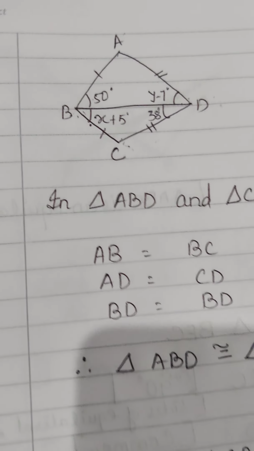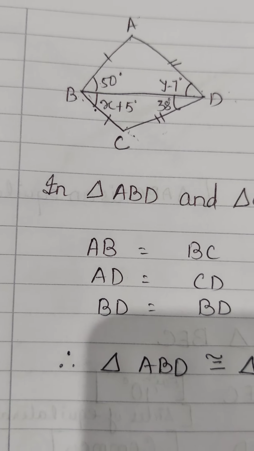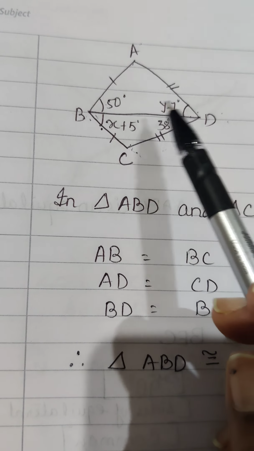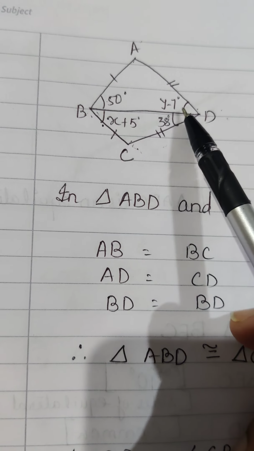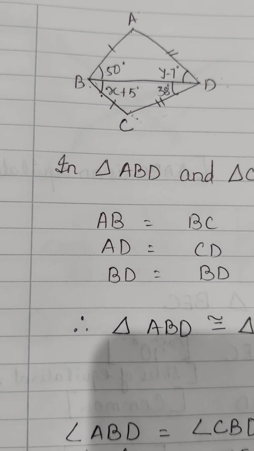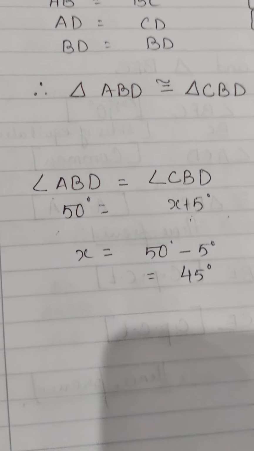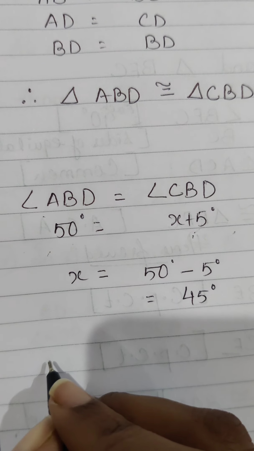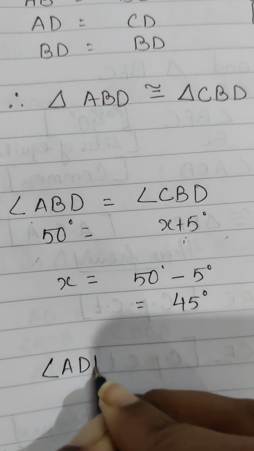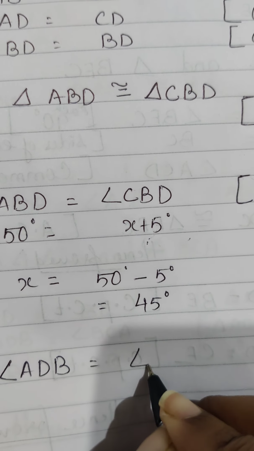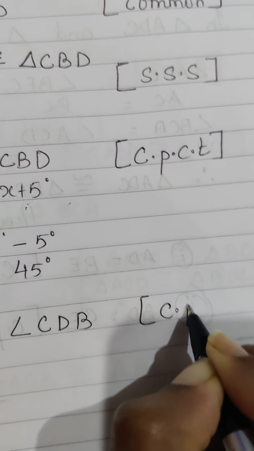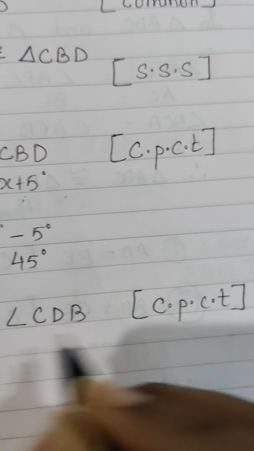Okay. Similarly, for the next one also, if you look, that is angle D in triangle BCD and angle D in triangle ADB. They both will be equal because they are the corresponding parts of congruent triangles. So we'll write angle ADB is equal to angle CDB. Again, the reason will be CPCT.